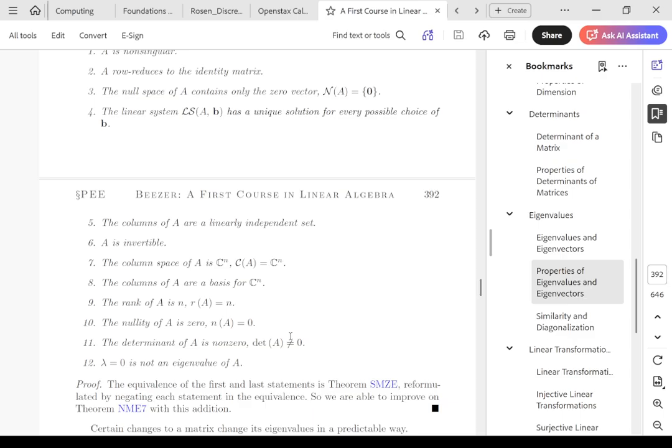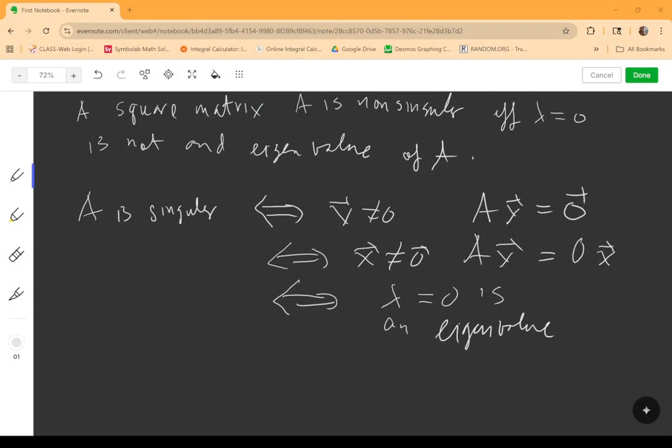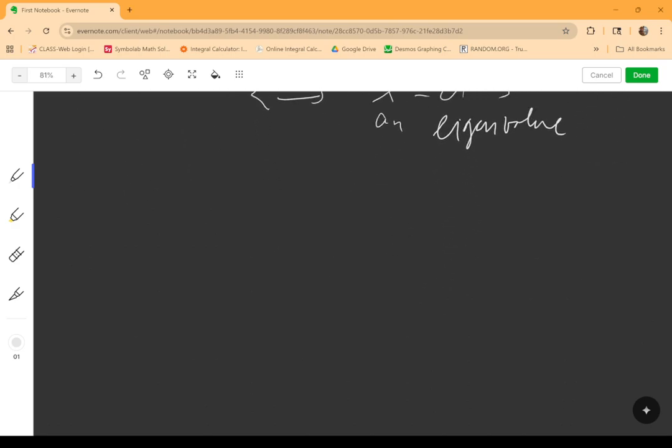Now, to wrap up this part of our module, when we approach one of these eigenvalue problems, there is a bound on the size of the polynomial and the number of possible eigenvalues.